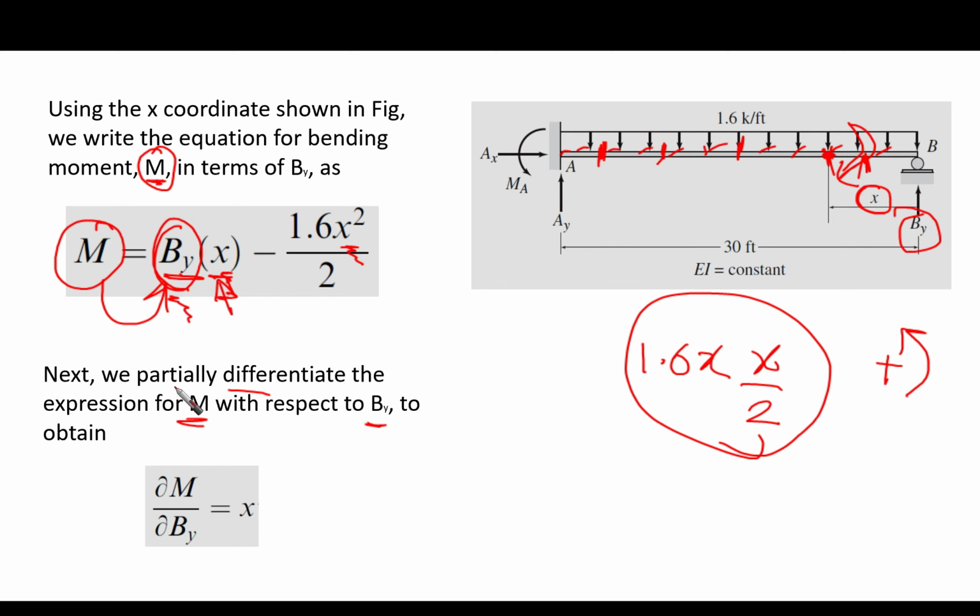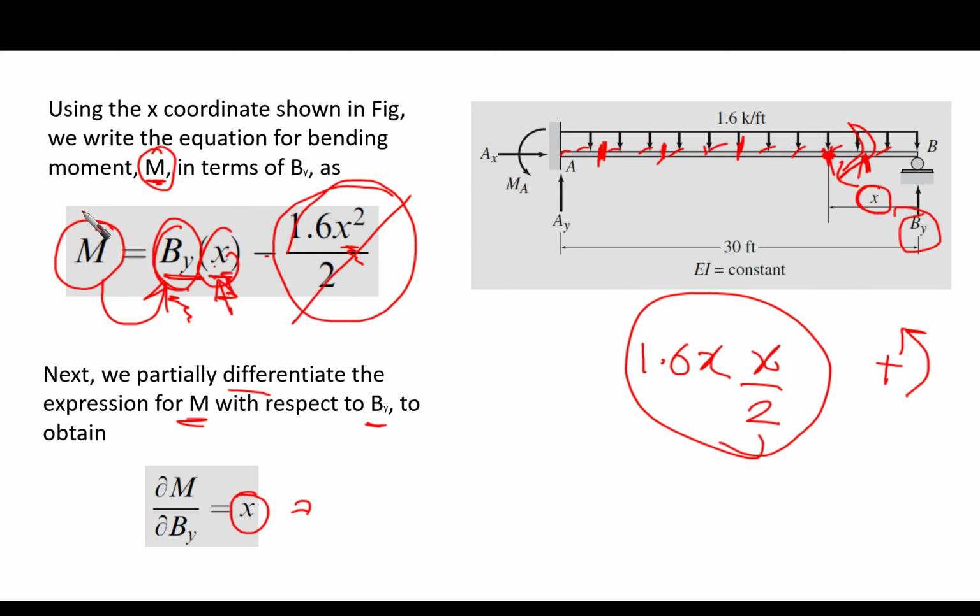So in By times x minus 1.6 x squared over 2, the second term is considered a constant, so its derivative is 0, and for By times x, the derivative is going to be x only. This is what we have done.